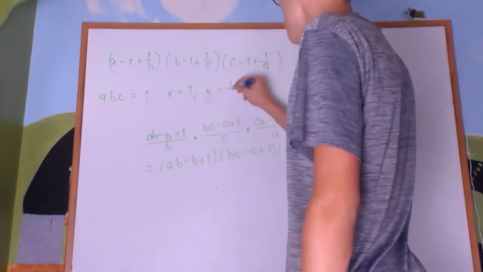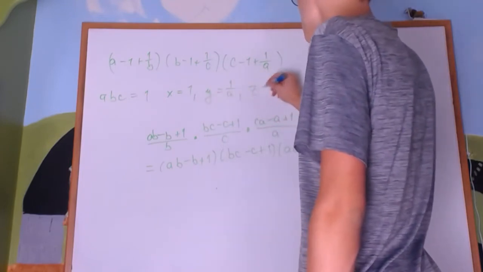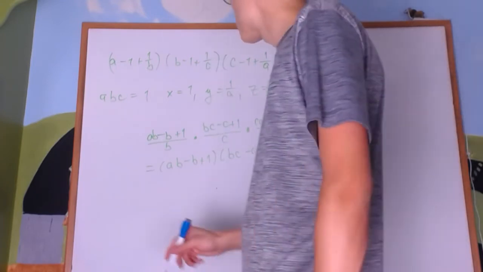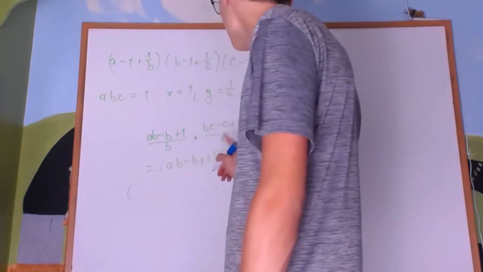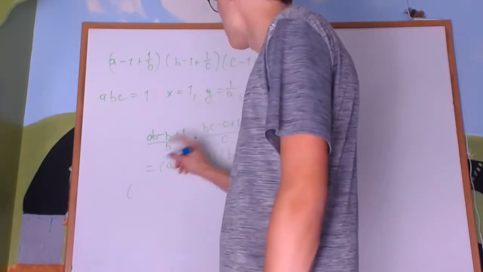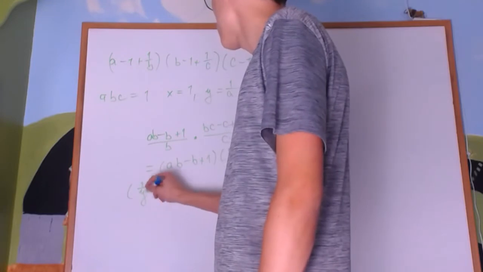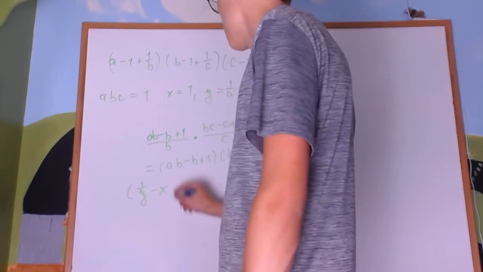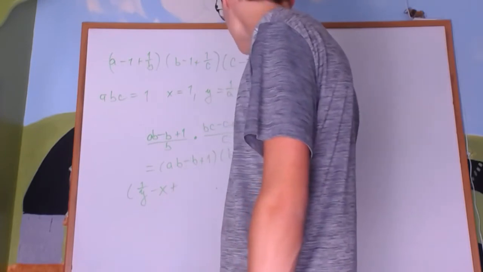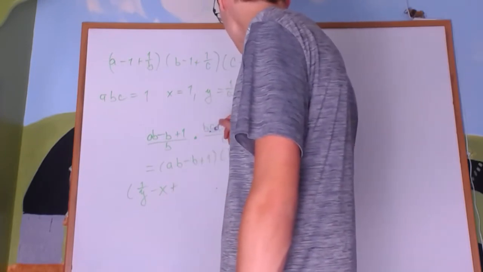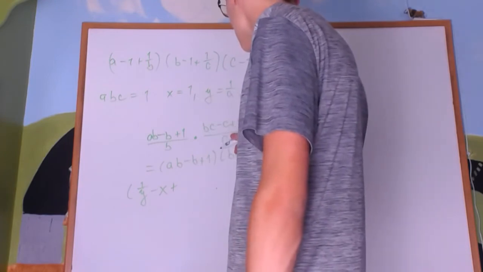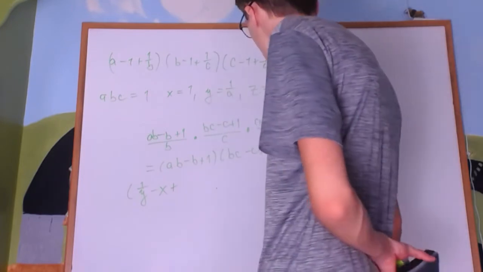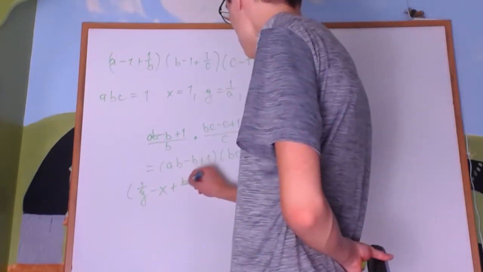Y equals 1 over A. Z is 1 over ABC. Alright. Let's try that out. So that's 1 over Y minus X plus... B is A over C, B over C, Z.